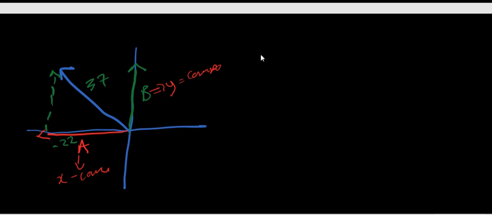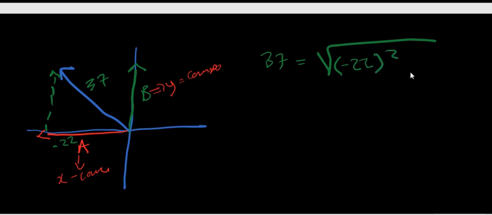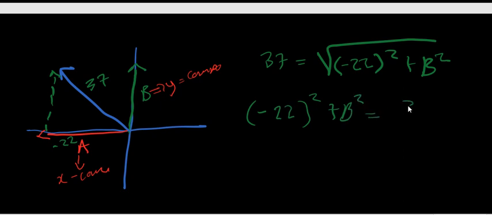So from there you can say 37 is equal to square root, this is the x component, so it's going to be negative 22 squared plus b squared. So from here, when you work it out, you're going to have negative 22 squared plus b squared is equal to 37 squared.